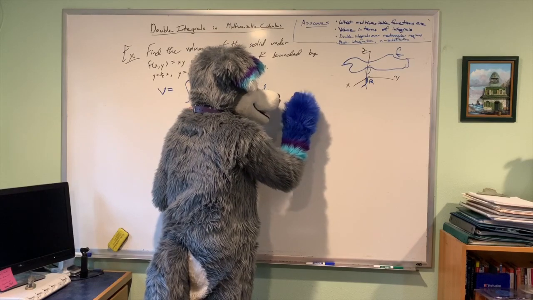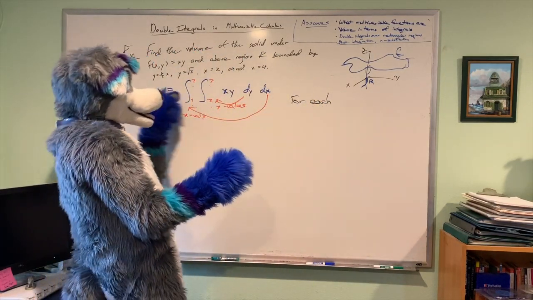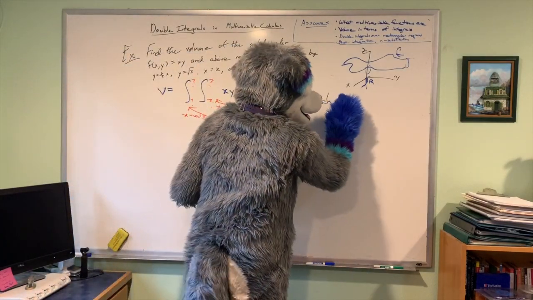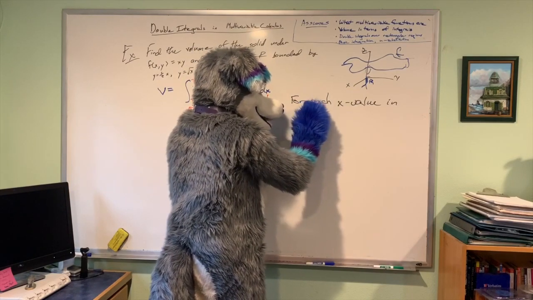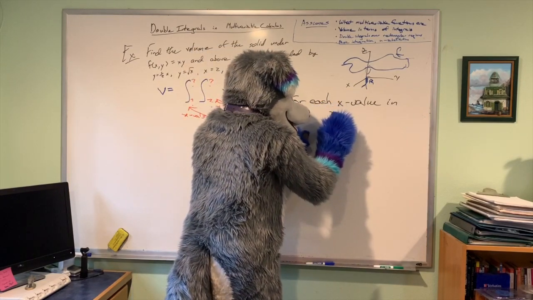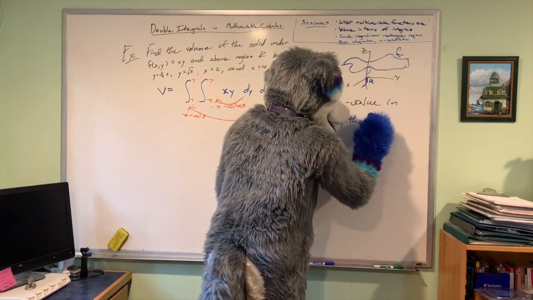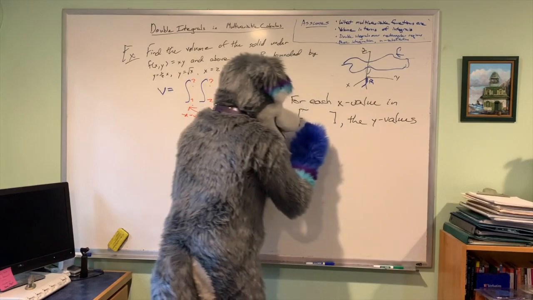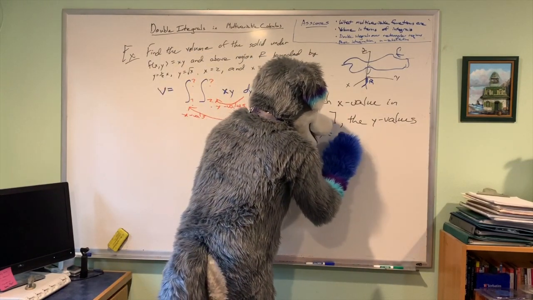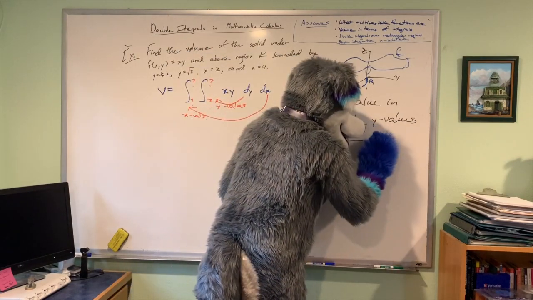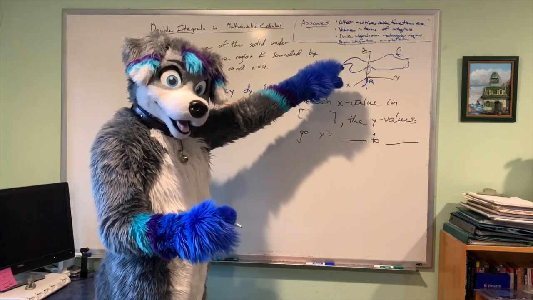For each, I go outside in, so for each x value in some interval that I'm going to figure out in a minute, the y values go, and just to specify, y equals, I'm going to fill that in a second, to something. In order to fill in these blanks, I have to know what this region R looks like.